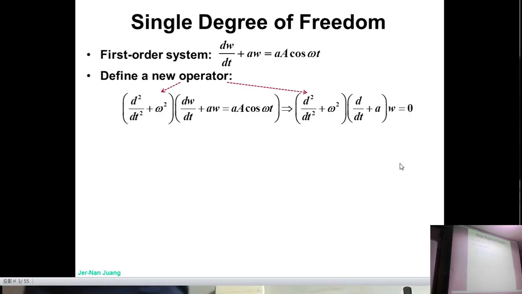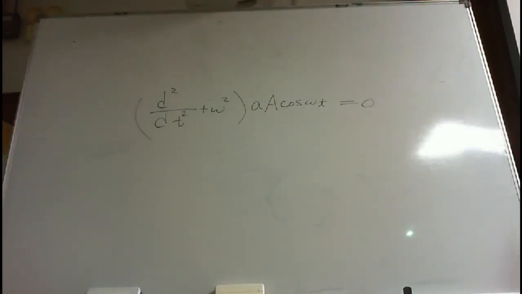So that's why I introduced it. The new operator d square over dt square plus omega square, when it operates on the right hand side of the equation, equals 0.